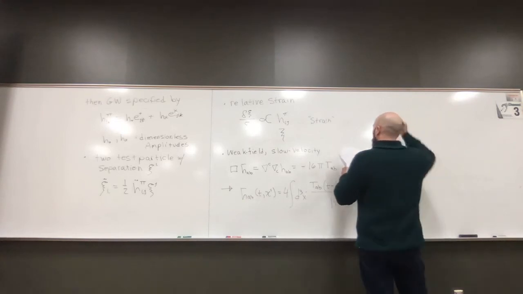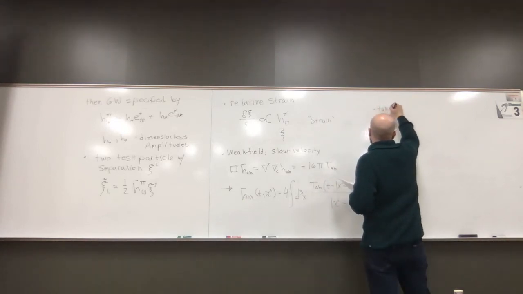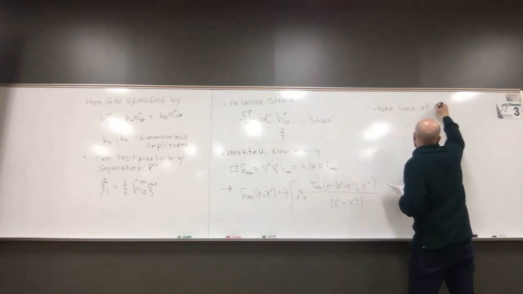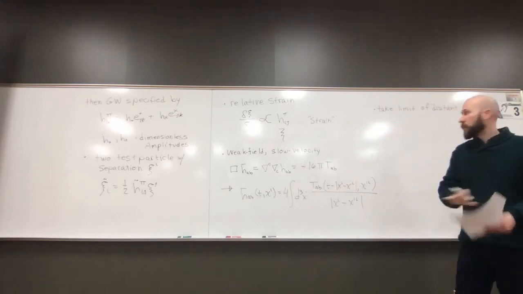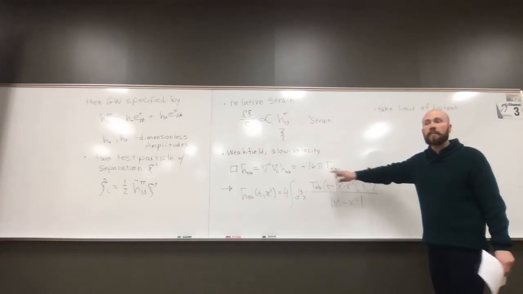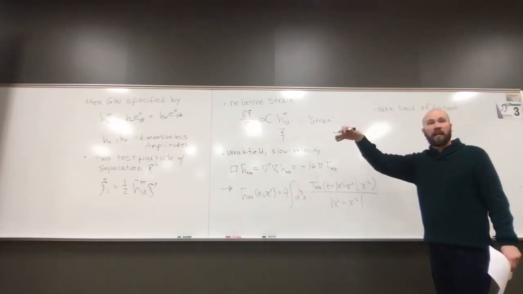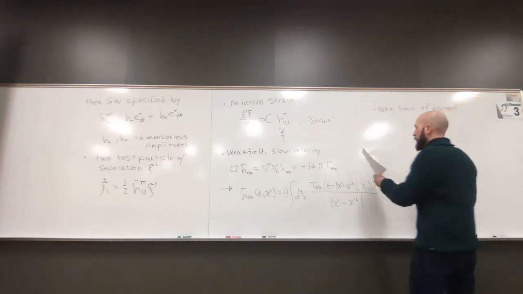Great. So if we go and take the limit of a distant source, so I'm not very close to the source. Whatever is giving me non-zero TAB, put that really far away. I want to sit in vacuum. The stuff is over there, and I want to know what the gravitational waves from that stuff are to a distant observer.